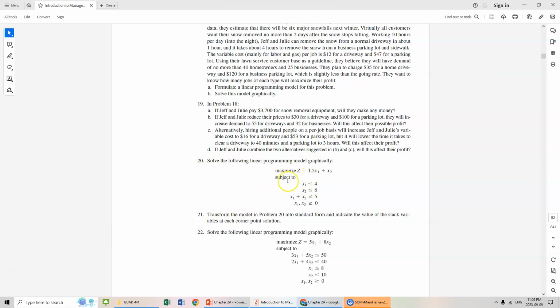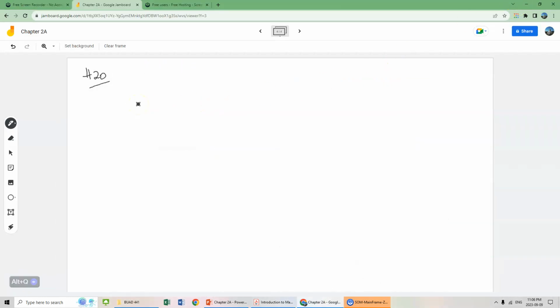So let's graph this, and then you should be able to solve this problem graphically. I'm going to write out the constraints and the objective function: maximize 1.5x1 plus 1x2.